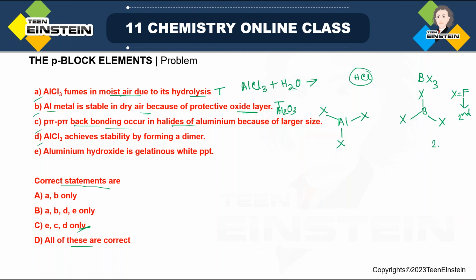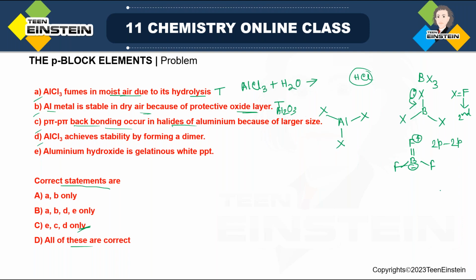Now when it is second period, there will be 2p pi bond, which is quite good because 2p is compact in nature, they can come close to each other because of their small size. That means pi back bonding like this, when X is fluorine, it is very good, and once there is back bonding, I am writing fluorine as negative and boron as positive.